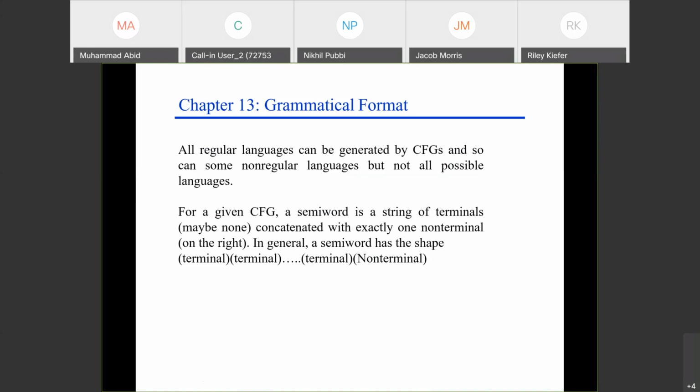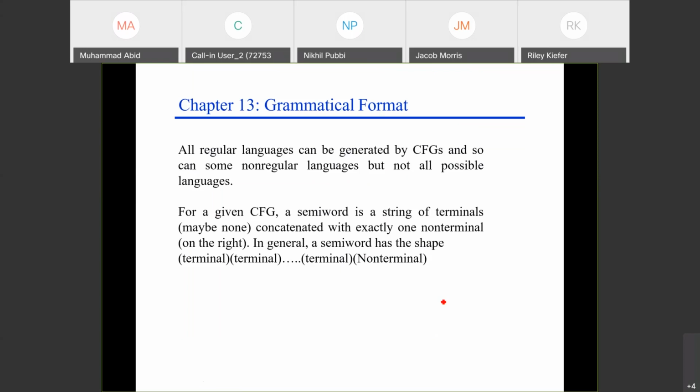So can some non-regular languages, but not all possible languages. It can represent regular languages, non-regular languages, context-free languages, but still there are some languages which have a bigger scope than all these three, and they cannot be represented.